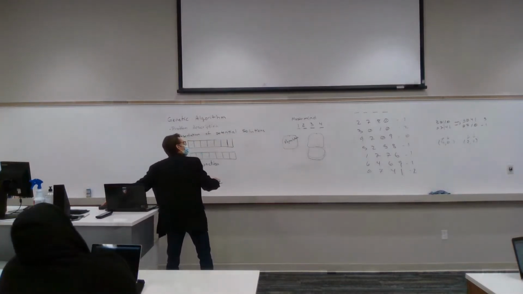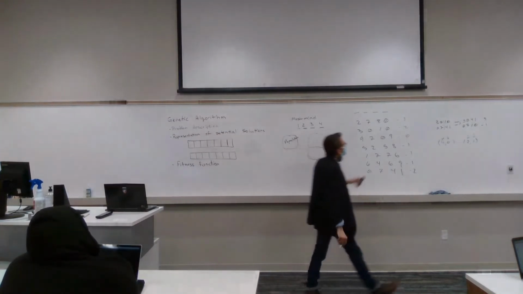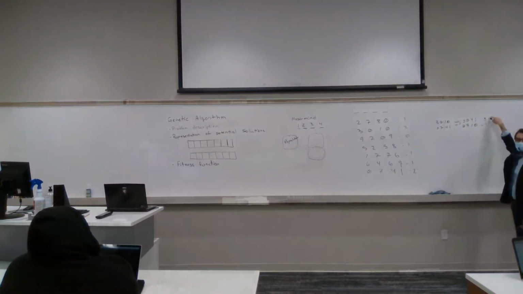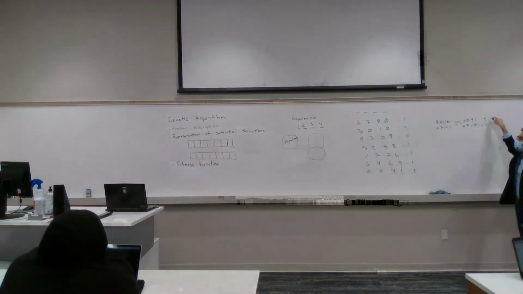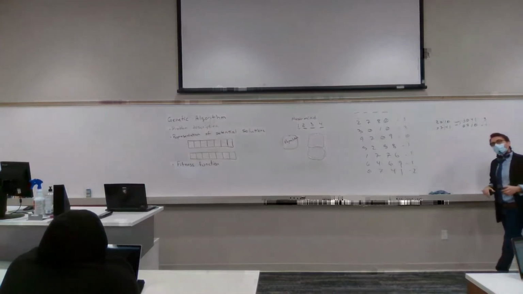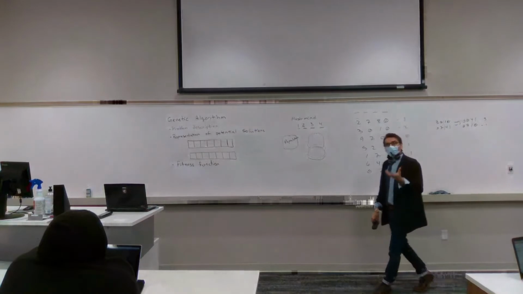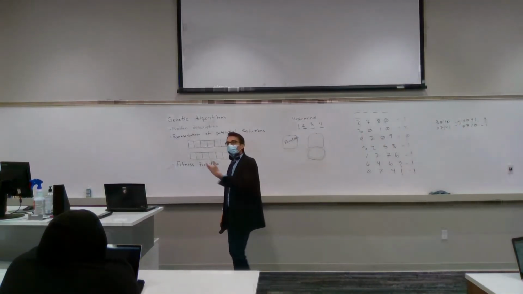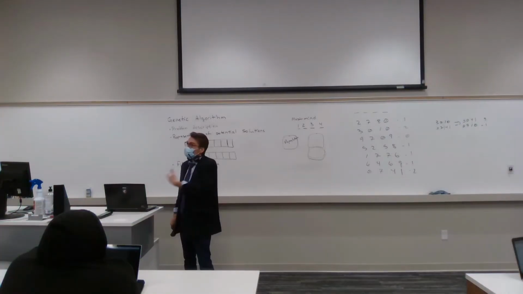So we have created 2 new members of the population right now. If we have a regulation of a fixed population size, what does that mean we have to do? It means we have to eliminate 2 members of the population to allow these 2 new ones in.